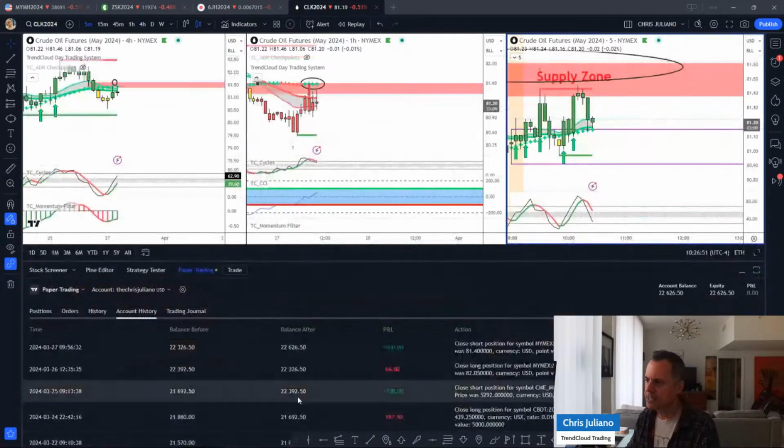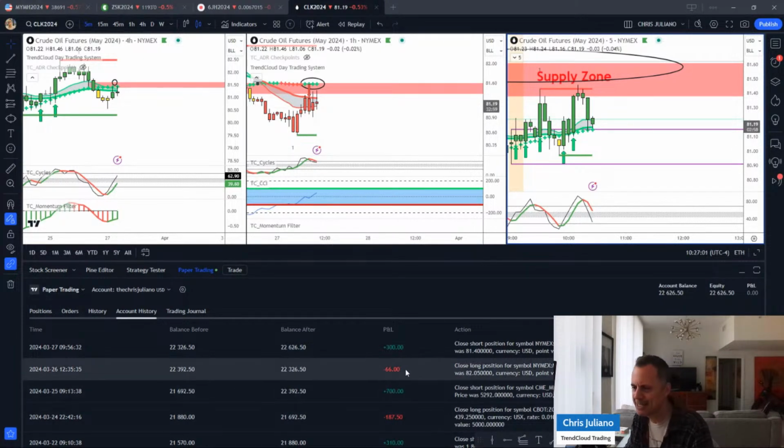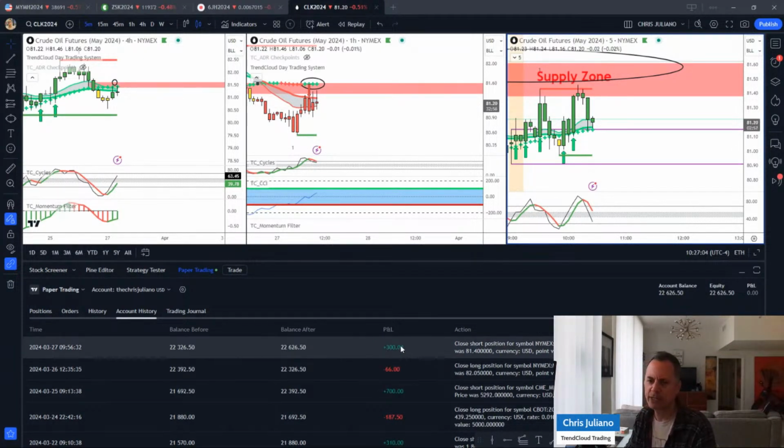That's how we're able to capture the profits, right? Big win, small loss, big win, tiny loss, big win. Up over $2,000 on this $20,000 account.